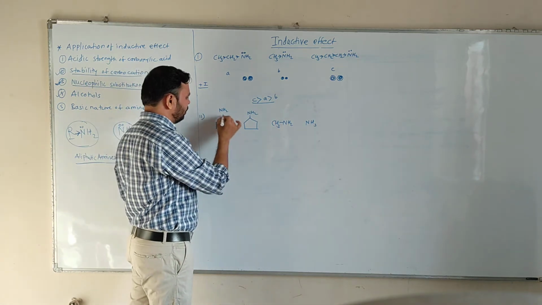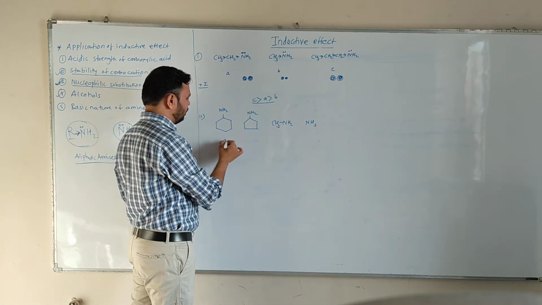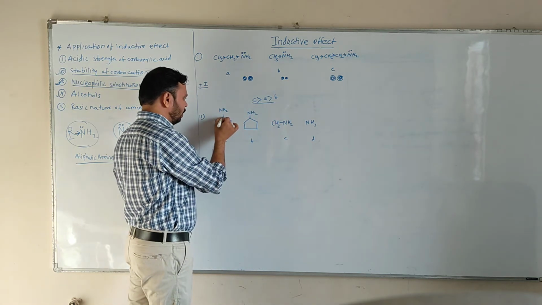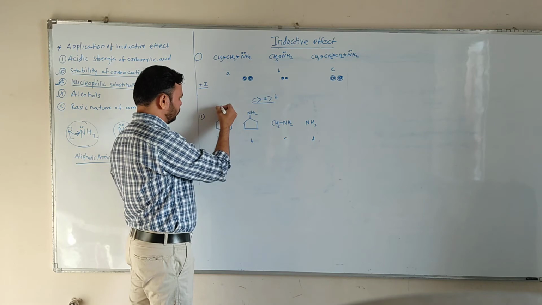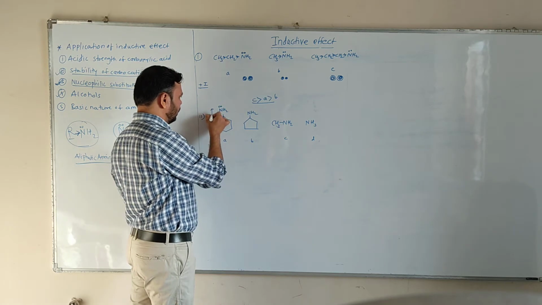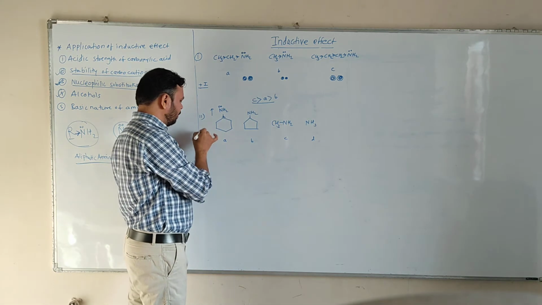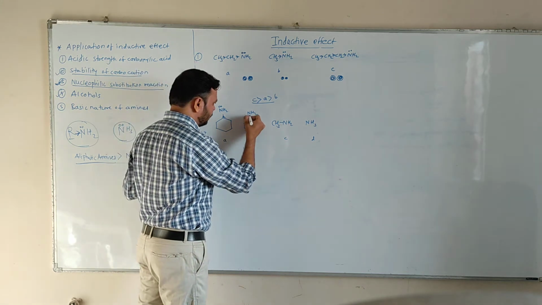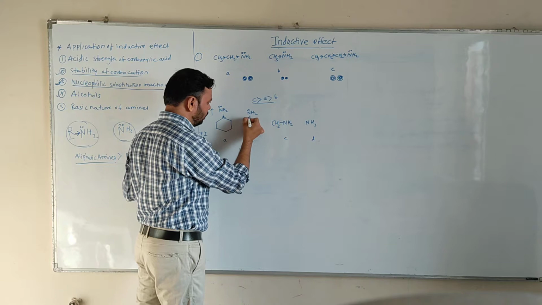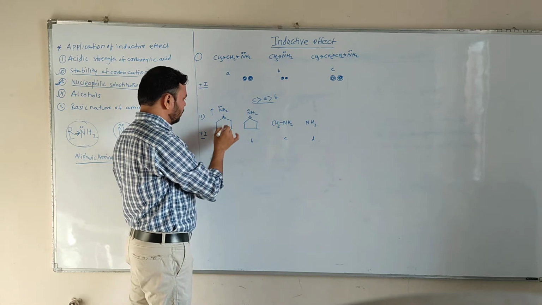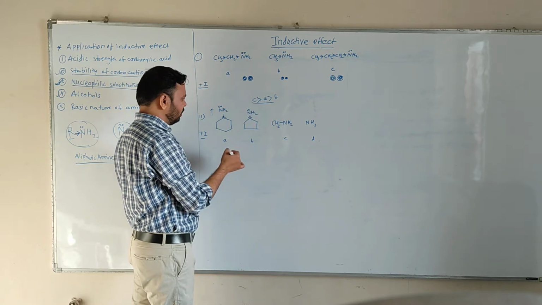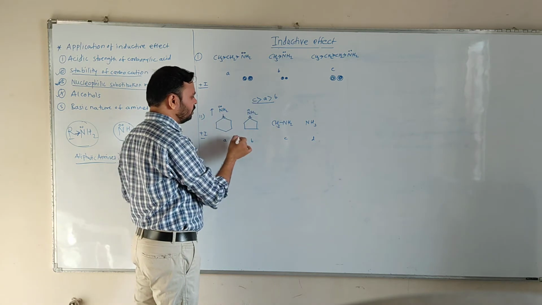This is the first example, it is cyclohexyl. A example, B example, C example, D example. Cyclohexyl donates electrons, so the electron density will increase by the positive inductive effect. In this case, this lone pair also donates electrons. But this is cyclopropyl, this is cyclobutyl, which also increase electron density, but as compared to this one, it is very small.